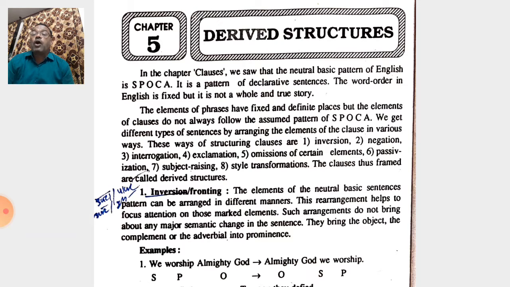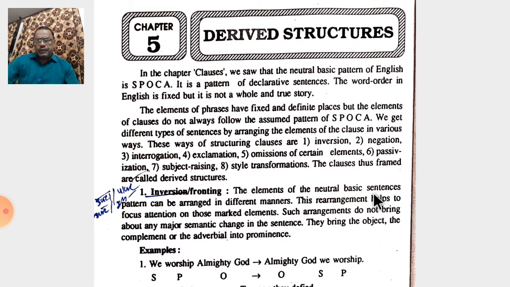Here we have inversion or fronting. The elements of a literal basic sentence pattern can be arranged in different manners, and this rearrangement helps to focus attention on the marked elements. Such arrangements do not bring about any major semantic change in the sentence.